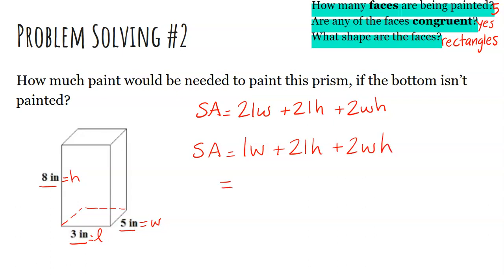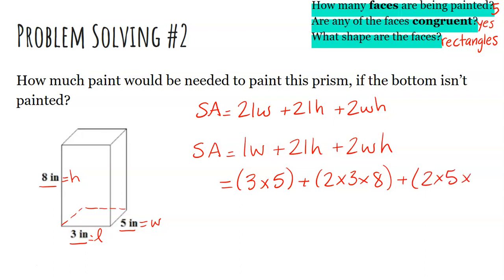When we substitute those numbers in, we will get 3 times 5 plus 2 times 3 times 8 plus 2 times 5 times 8.